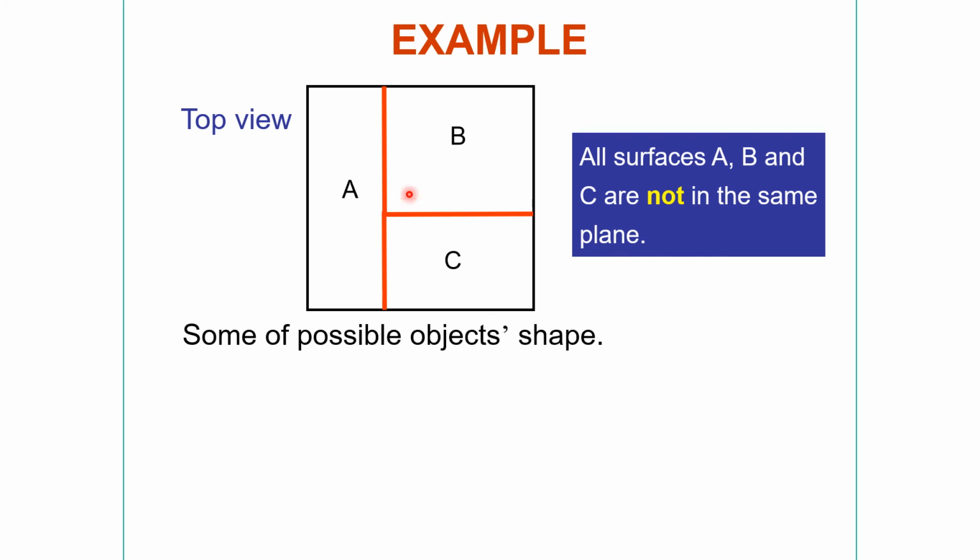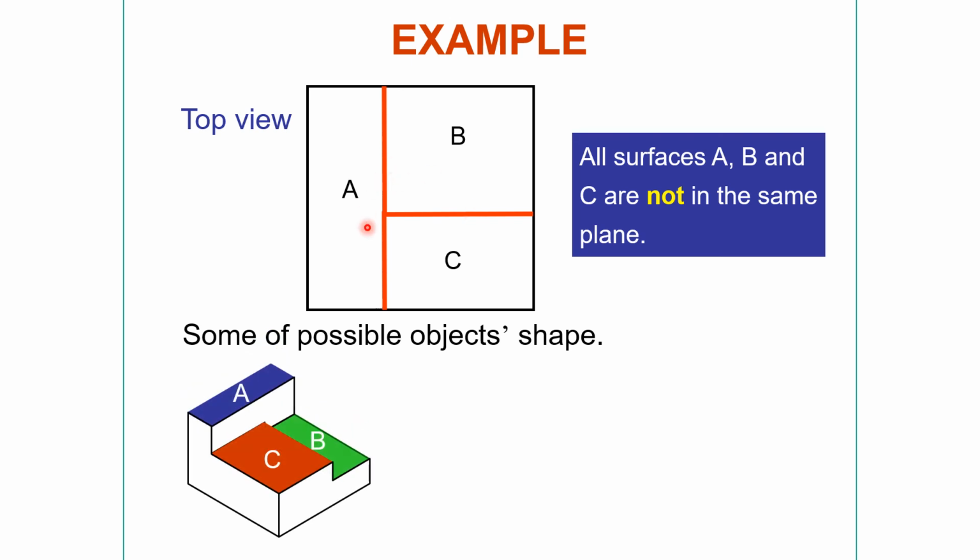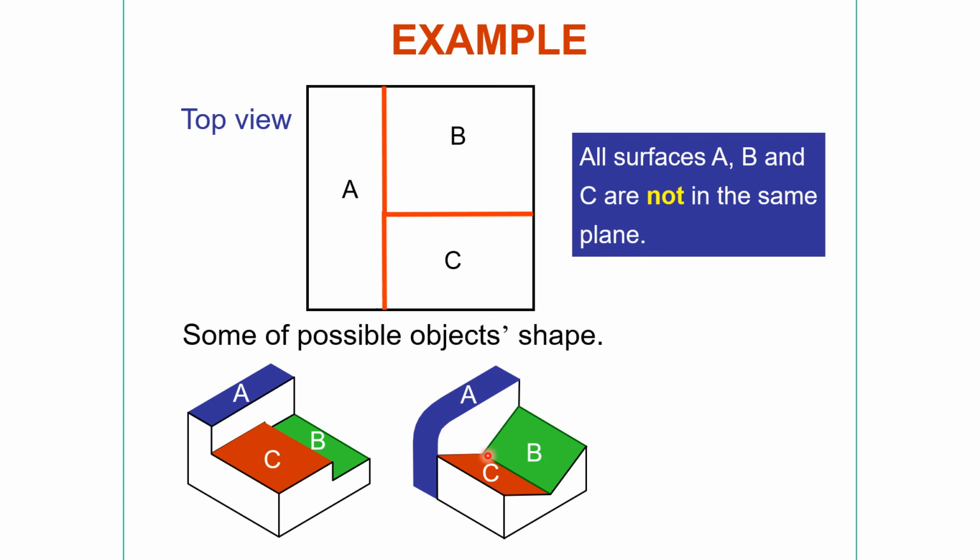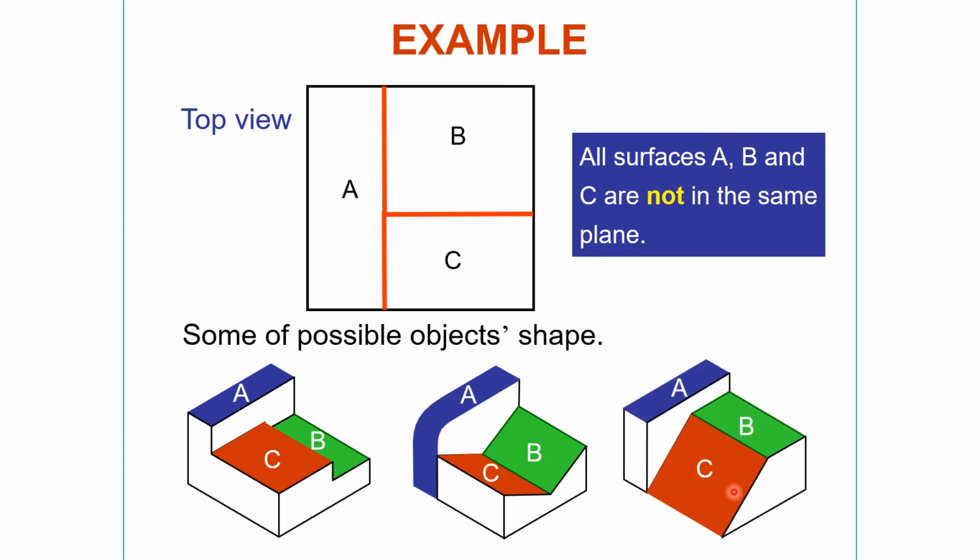If we got only one view, there is some chance of this object shape being A, B, C. Like this shape can be either A, B, C, or they can be like that. Okay, or third one, they can be like that. When you draw the top view, all the top views from these three objects will be same as that shown in this drawing.